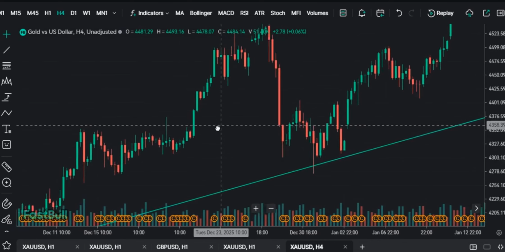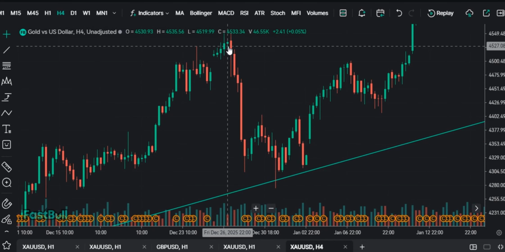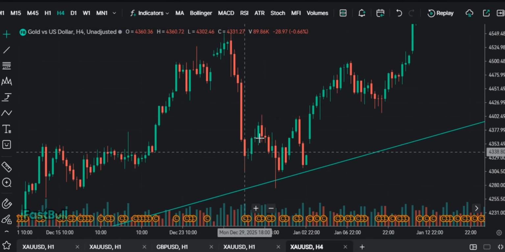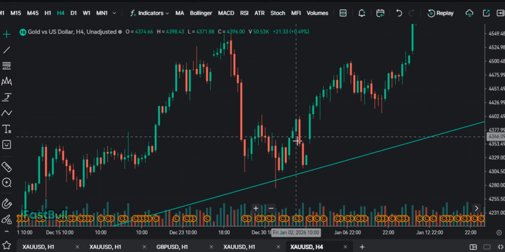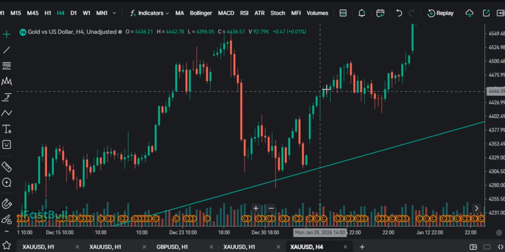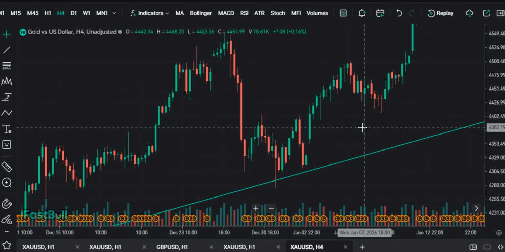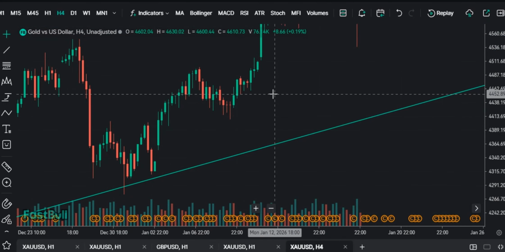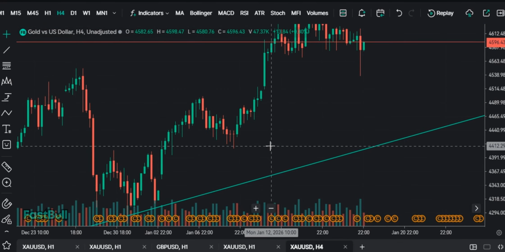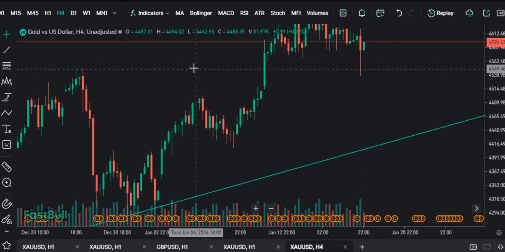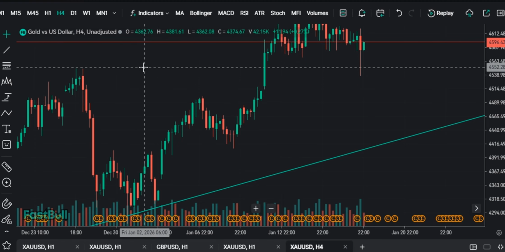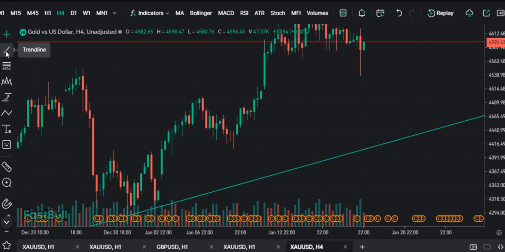It went to this particular zone here, then started going downwards, pushed the market downwards, and then continued moving upwards. Make sure you learn this bias very clearly and understand how the market was going, and you can make a prediction. So it created this particular zone here.